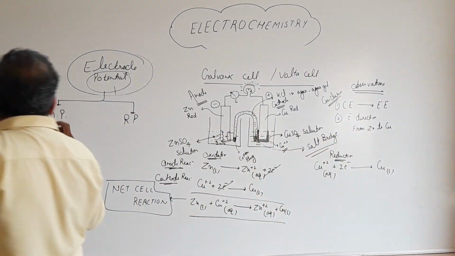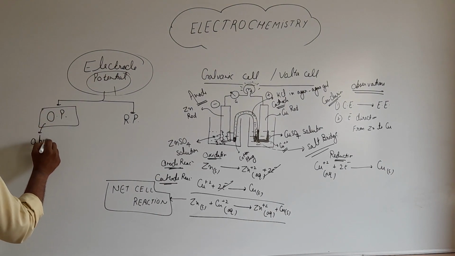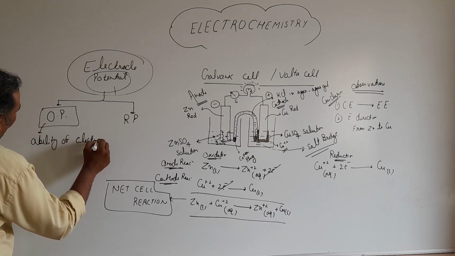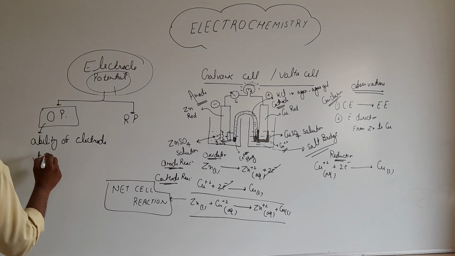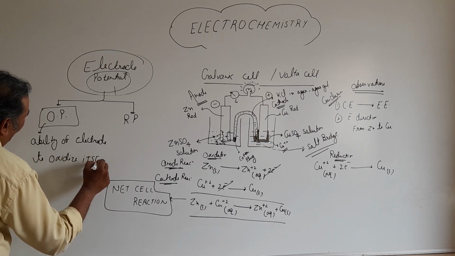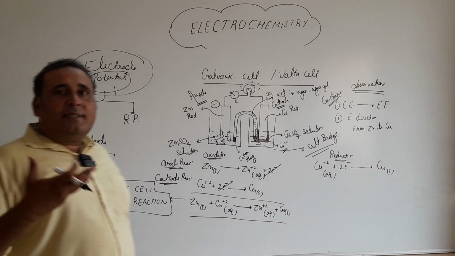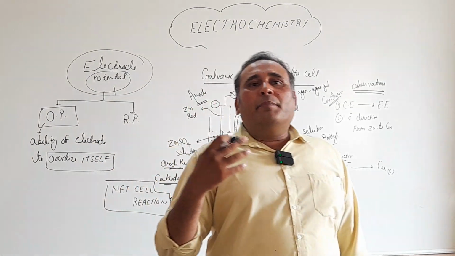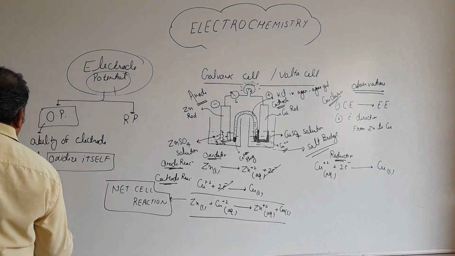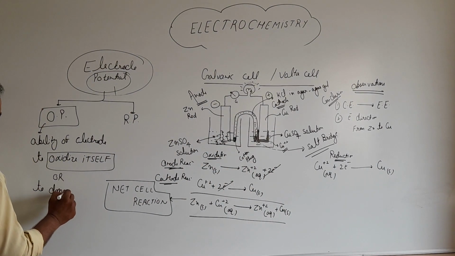So oxidation potential means ability of electrode to oxidize itself. Oxidize itself means ability to lose the electron or to donate the electron.